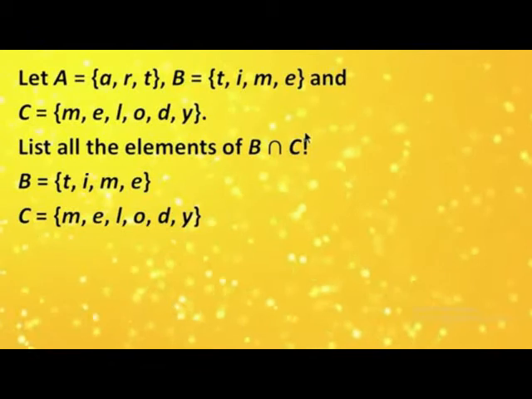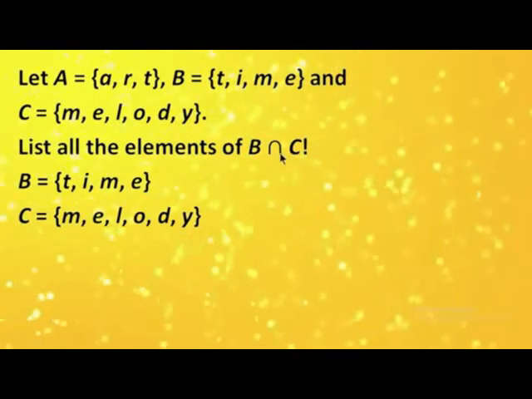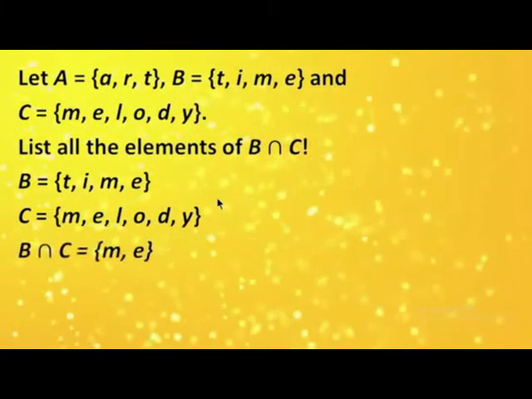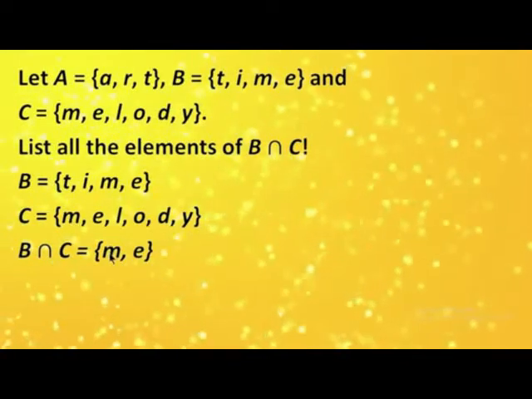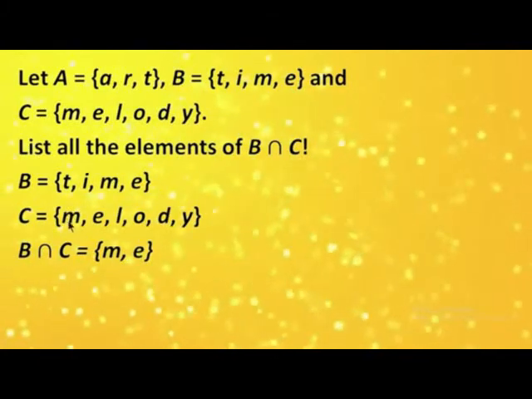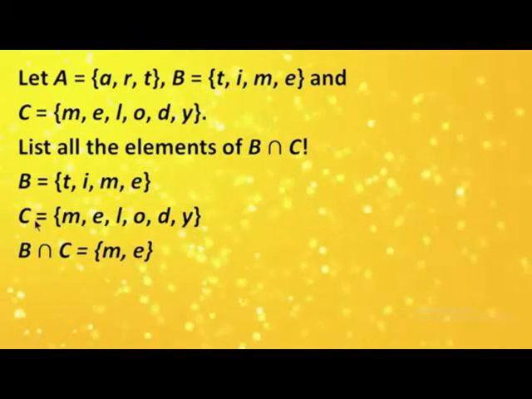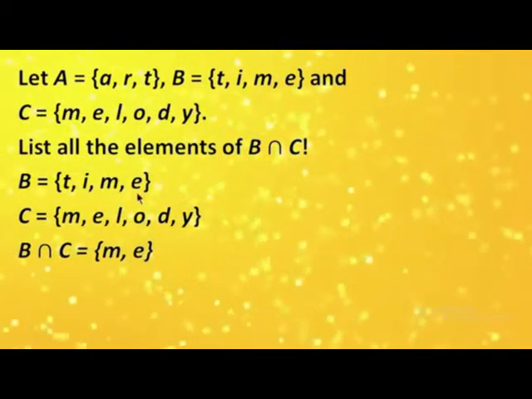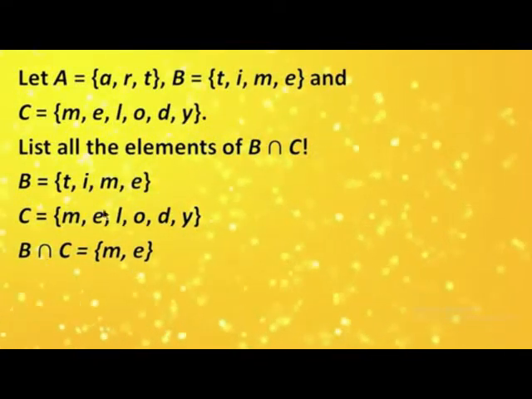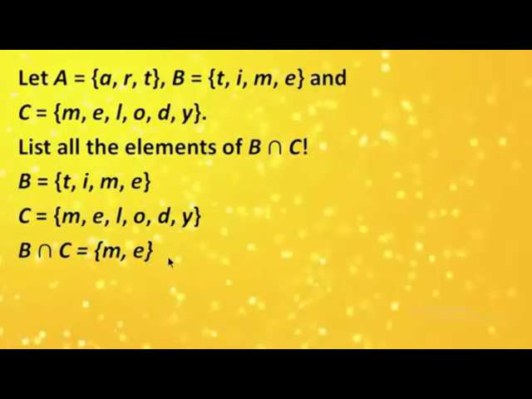As I said before, the elements of B intersection C are the common elements between B and C. And you can see here that the common elements between B and C are actually M and E. There's M in B and also there's M in C. That means M belongs to B and M also belongs to C. And E belongs to B and E belongs to C. They have common elements. So B intersection C equals M, E.